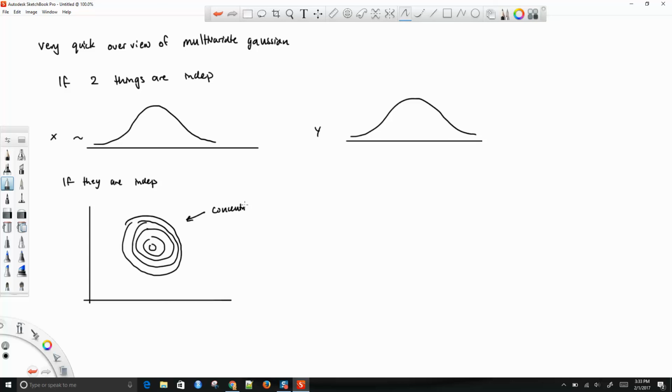Or if one of the variances is larger than the other, then you have these concentric ovals, but they're at right angles to each other, okay? It's supposed to look like a hill, okay? You have this kind of shape.